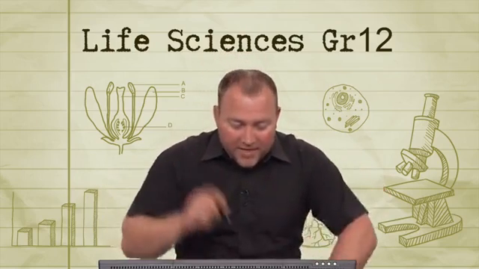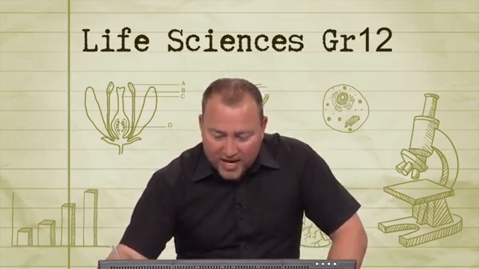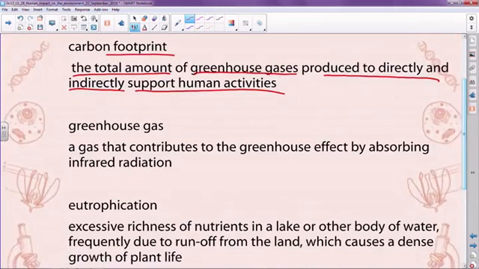The next one we have is greenhouse gases. Greenhouse gases are gases that contribute to the greenhouse effect by absorbing infrared radiation. These are the ones that trap heat in and lead to global warming.